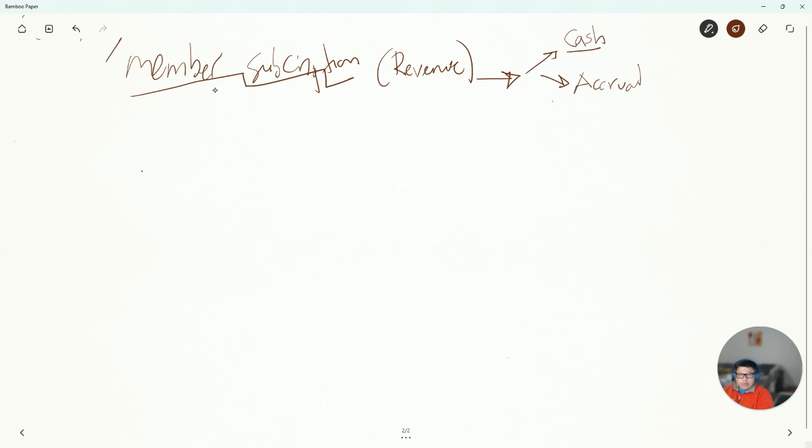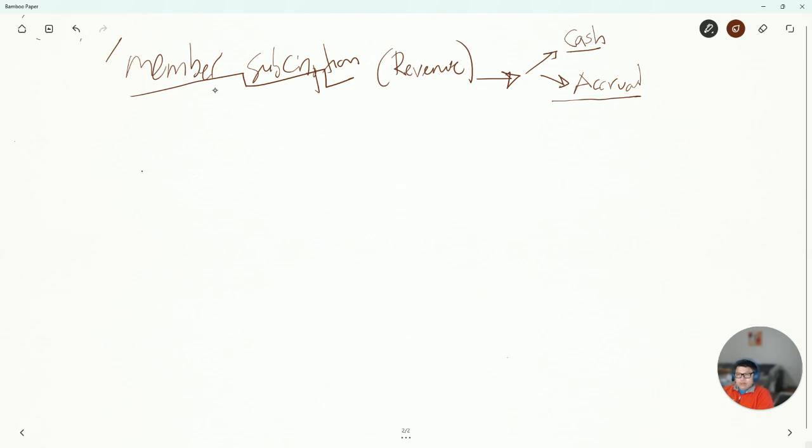But most organizations use accrual accounting, which means regardless of whether cash is received or paid, we record the transaction when it happens, recognizing revenue and expense. In this topic, we explain from the accrual perspective.